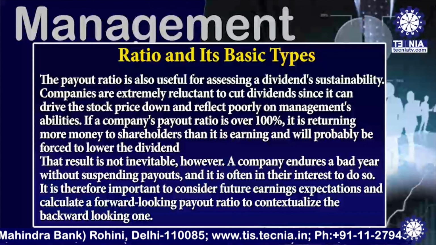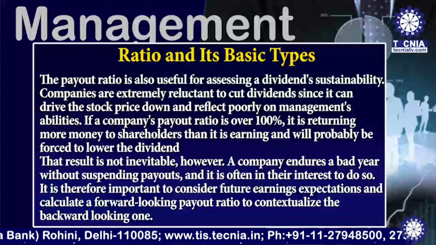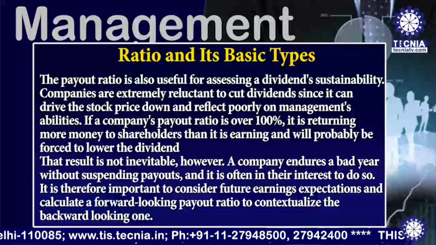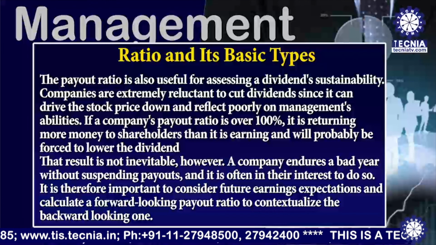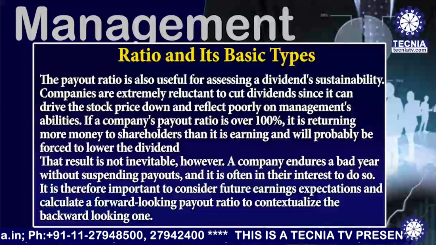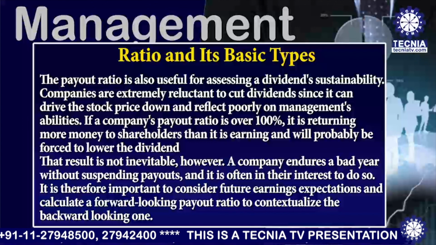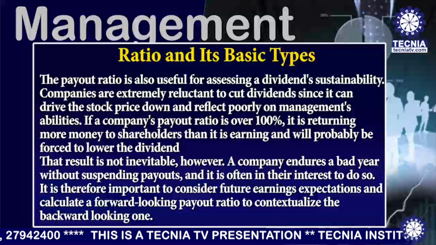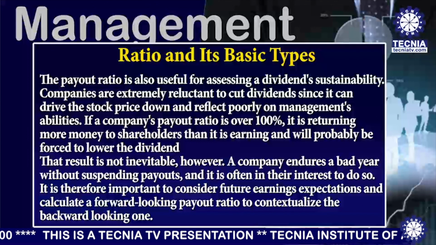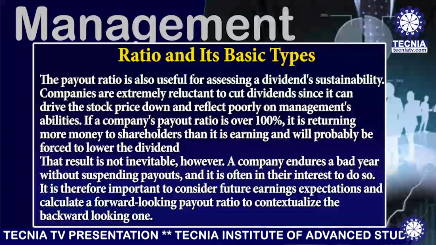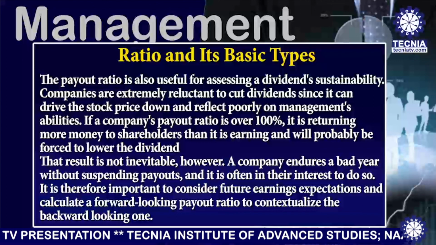That result is not inevitable. However, a company may endure a bad year without suspending payouts, and it is often in their interest to do so. It is therefore important to consider future earnings expectations and calculate a forward-looking payout ratio to contextualize the backward-looking one.